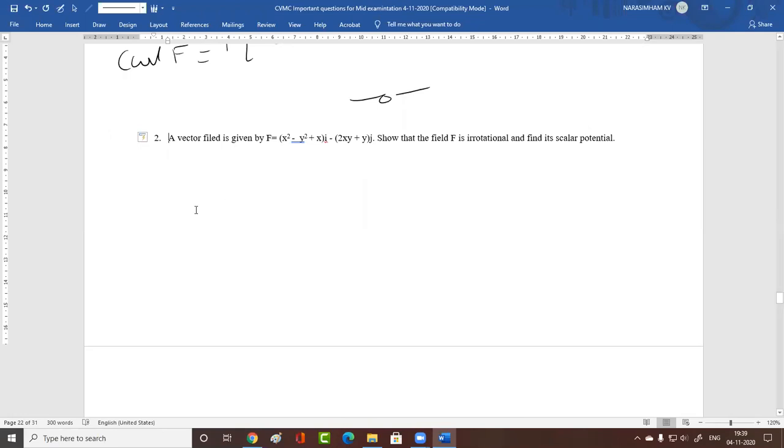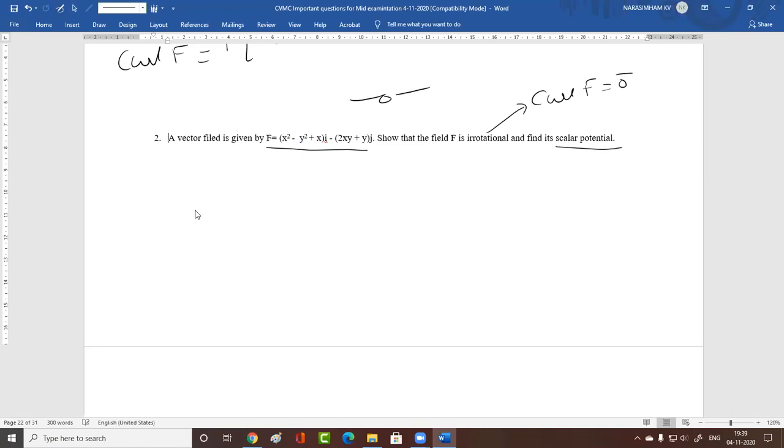Now the solution. A vector field f is given. Show that the field f is irrotational. Irrotational is nothing but curl f equals 0 bar. First show that curl f equals 0 bar, and also find the scalar potential.